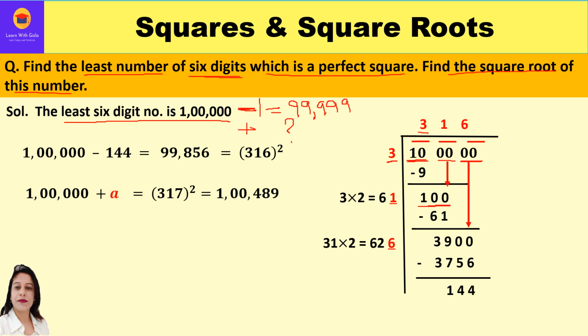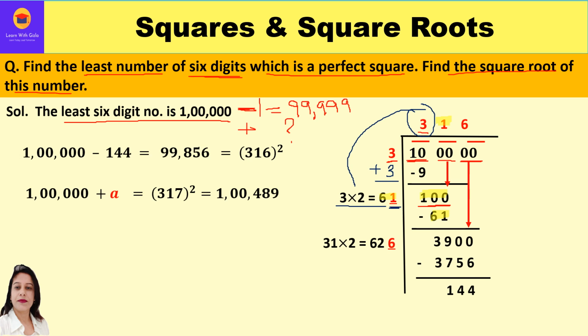Now take the quotient and double it to get a new divisor. Keep a blank over here, or you can simply add 3 over here to get 6 and keep a blank. Now think of a number what should come over here, so that the same number will come in the quotient to get a product which is less than or equal to 100.